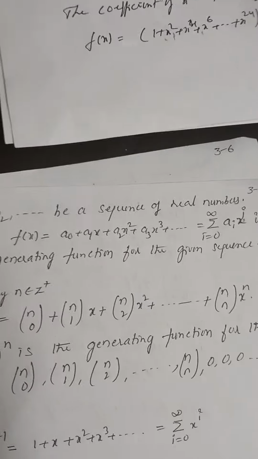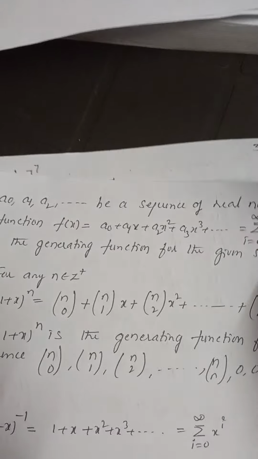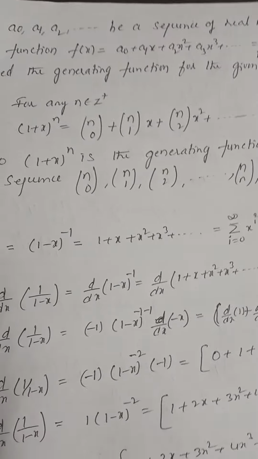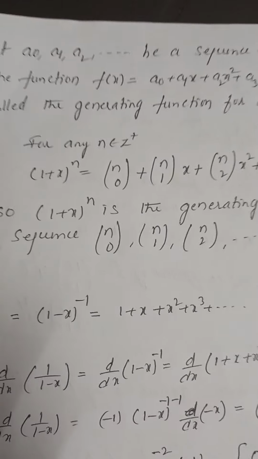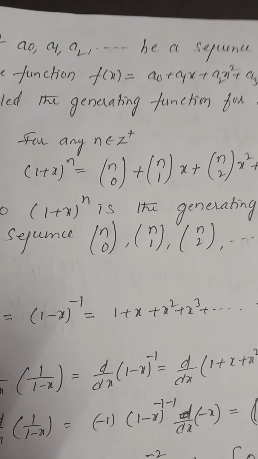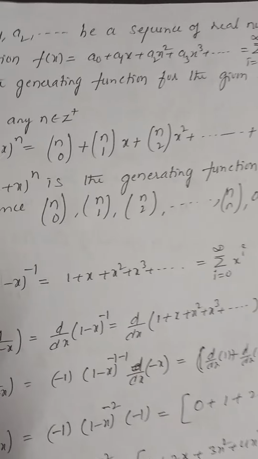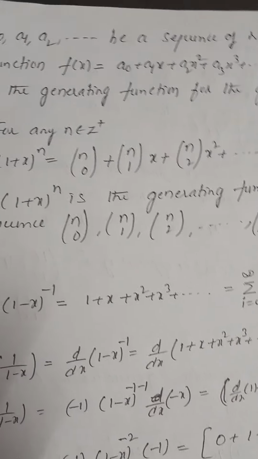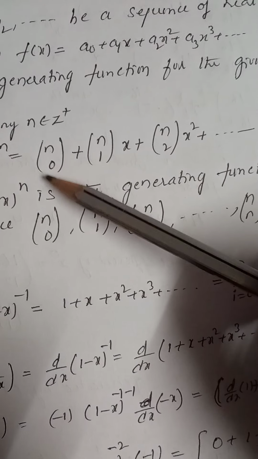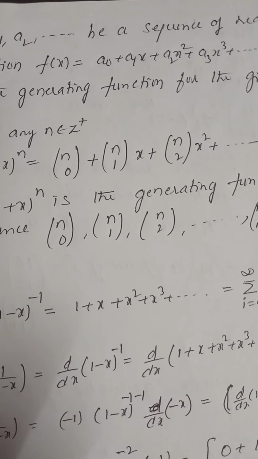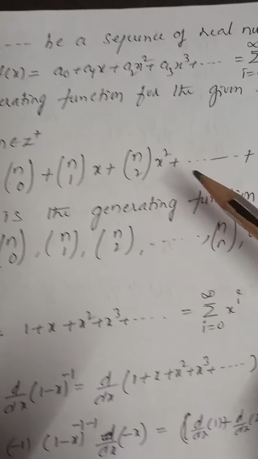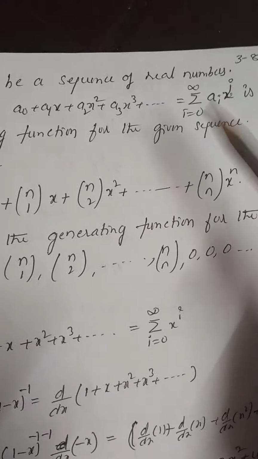Here on page number 8 we are repeating the same thing, but here we are clearly writing the expansion of (1 plus x) whole power n by using the binomial theorem. That can be written as nC0 plus nC1 x power 1 plus nC2 x power 2 plus nC3 x cube plus so on, nCn x to the power of n.